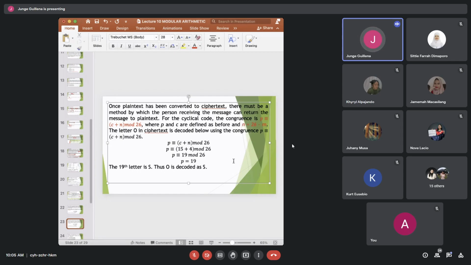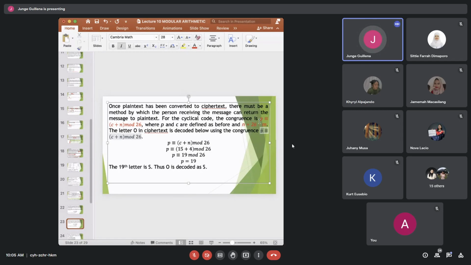In order for you to return from ciphertext to plaintext, the letter O in ciphertext is decoded using this formula: P is congruent to C plus N modulo 26. Our C is 15 because letter O is number 15.